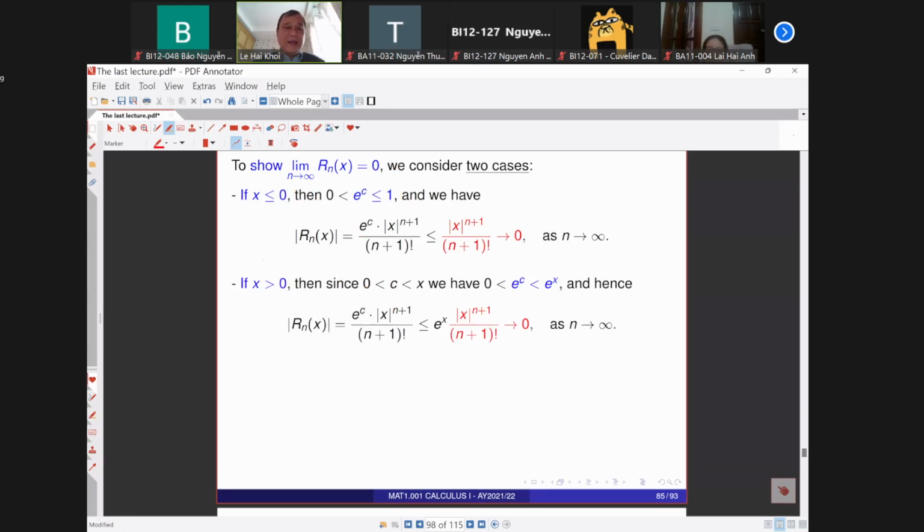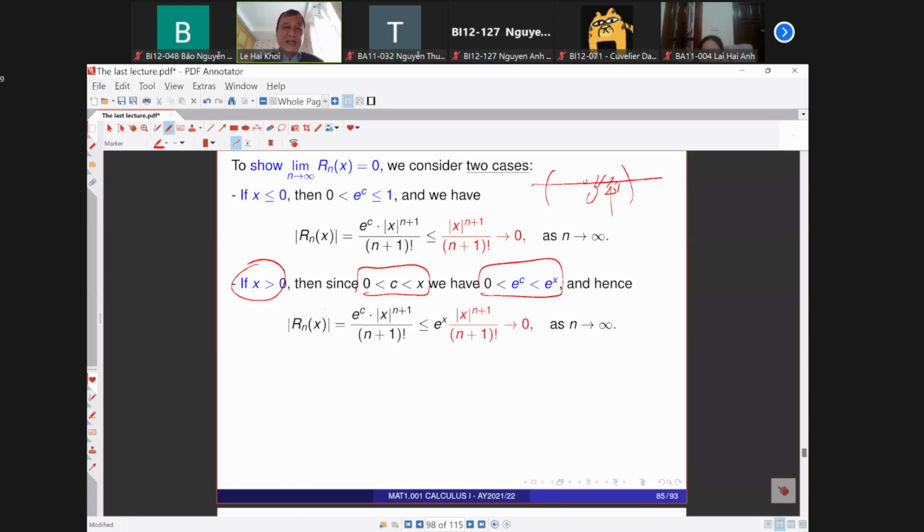So if x is positive, that is x here, then c is in between 0 and x. And you have that because the exponential function is increasing.